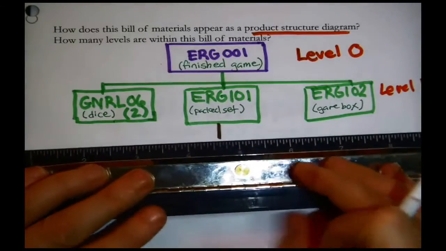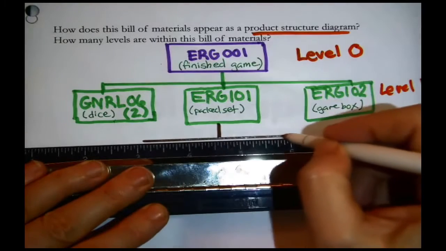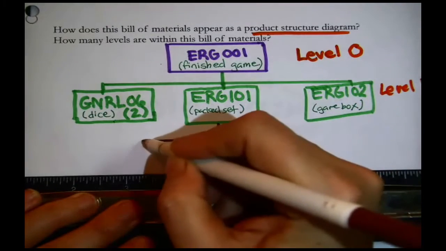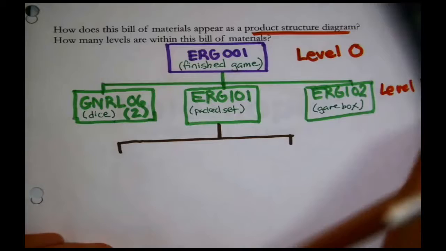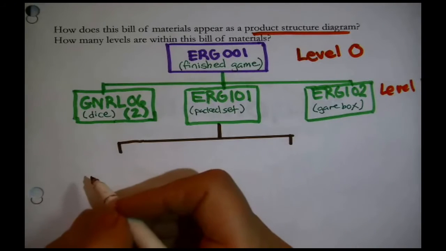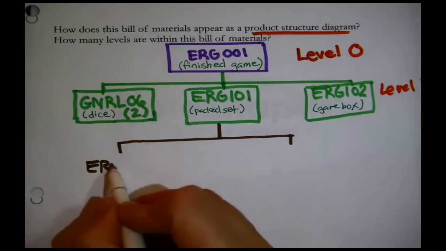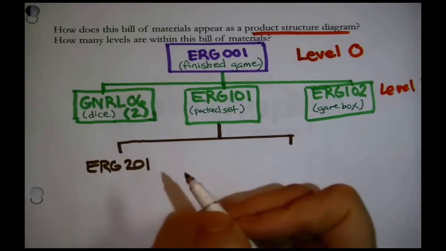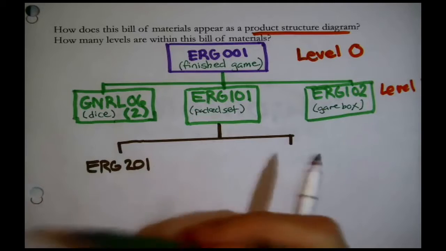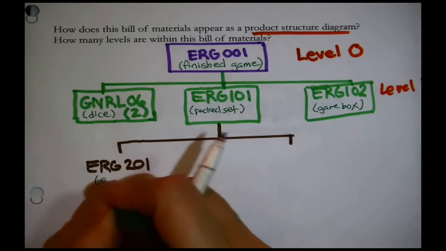So, we drop down. And let's see who's first. ERG201 is one of the child items. ERG201, those are the cards. Cards.